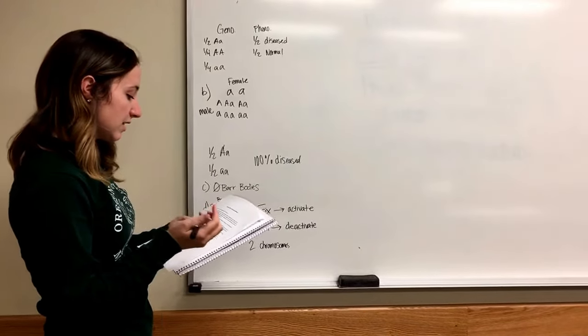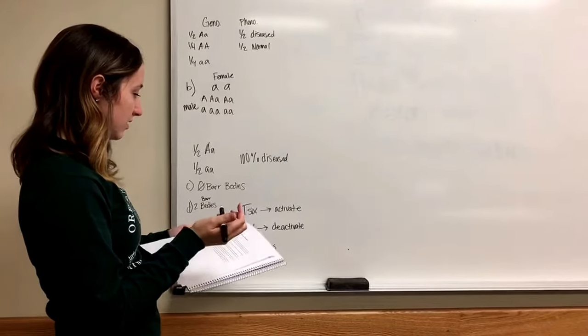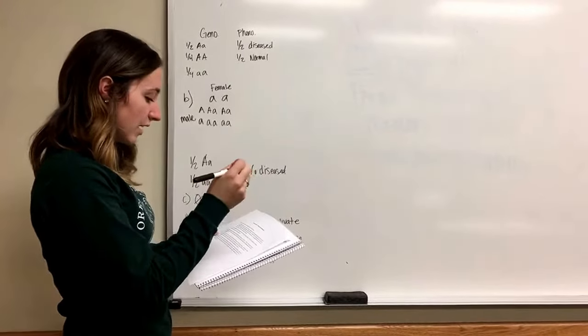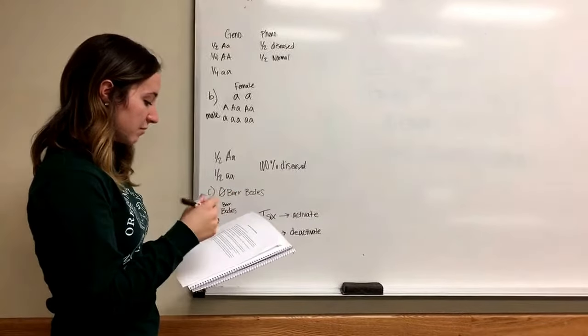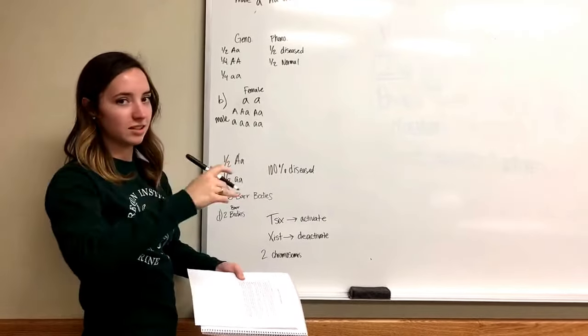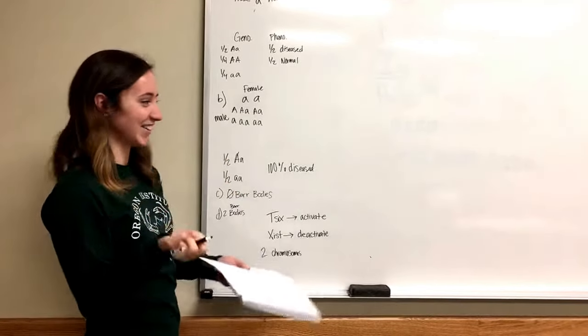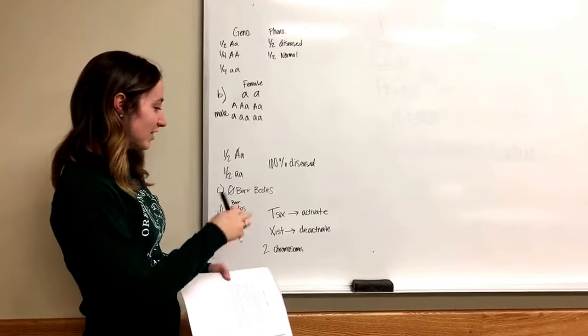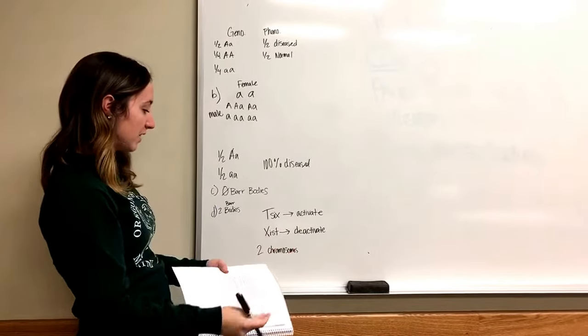Since there's one X chromosome that has it on it, but the rest don't, it shows that it doesn't need to deactivate any, so there's not going to be any Barr bodies.